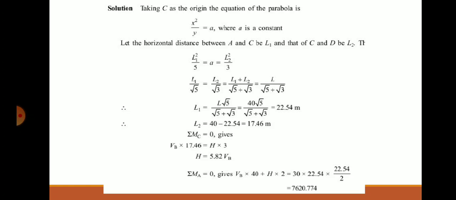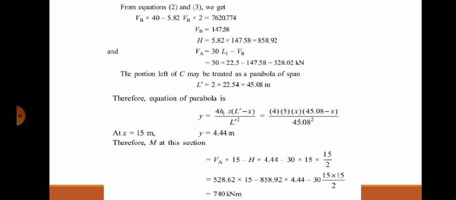Substitute the H value in terms of VB and you can solve it. You will get VB and then you can find H, and then go for sigma V is equal to 0. So, you can find out VA as well. These are the steps shown here for solving VB, H and VA.